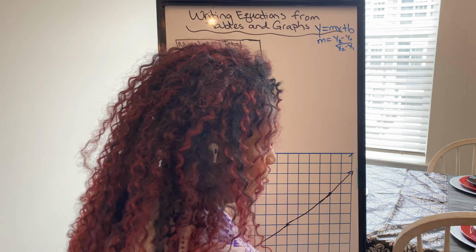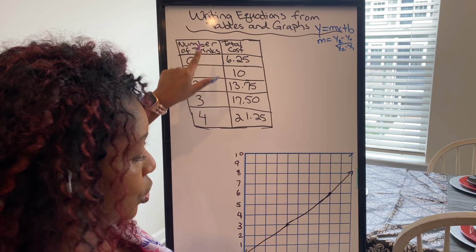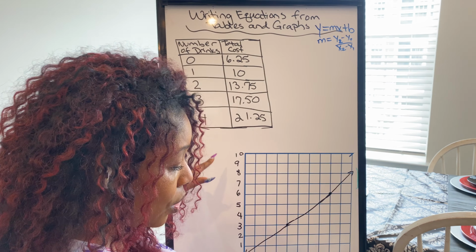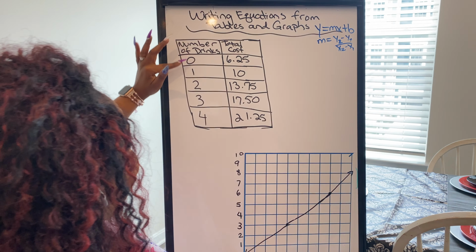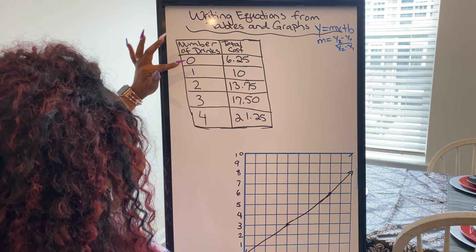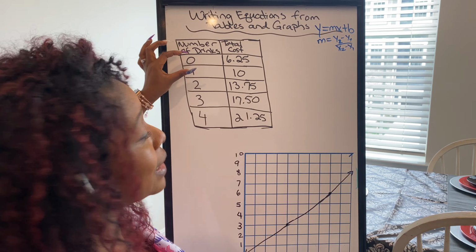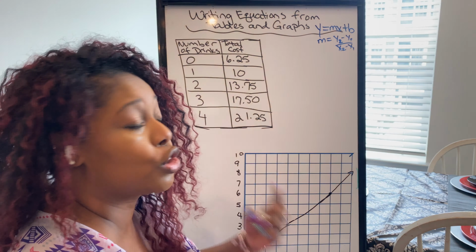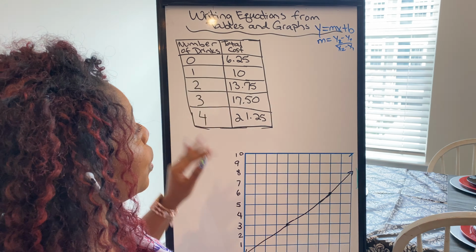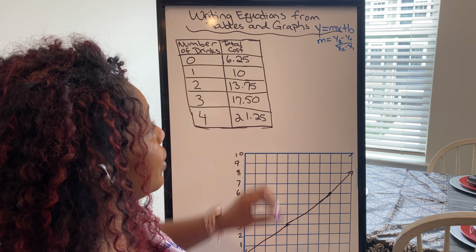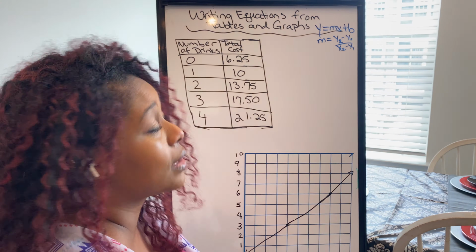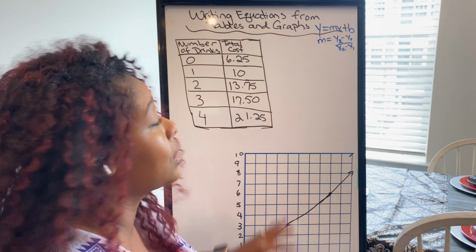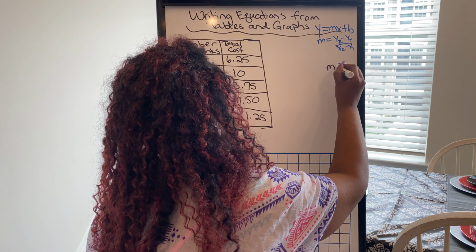Now, when you see a 0 on the table, when your 0 is at x, that is my y-intercept, because wherever x is 0, the number that goes with your y is where you start. Thankfully, they've already given us our y-intercept, so I don't need to find it.